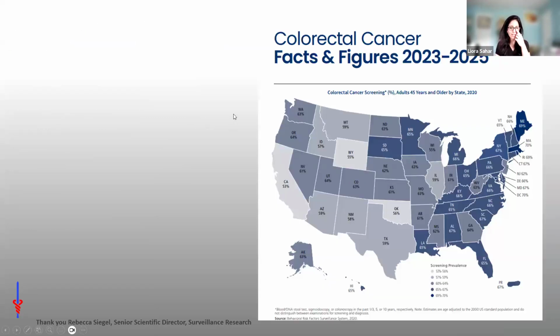So one of the first things that we do, as we said, we're data based, right? It's all about the data, and one of the best publications, and I will say here, thank you to Becky Siegel, who is a fellow team member at the American Cancer Society, a researcher, and looking into the publication from our team, the Colorectal Cancer Facts and Figures.